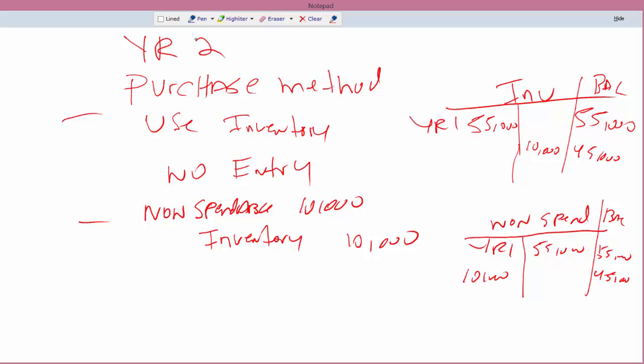Let's say at the end of the year I count and there's 65,000 left. Now, that means, obviously, let's make it 75. Okay, so if I had purchased more inventory, then I would have gone ahead and done what? I would have debited my expenditure.